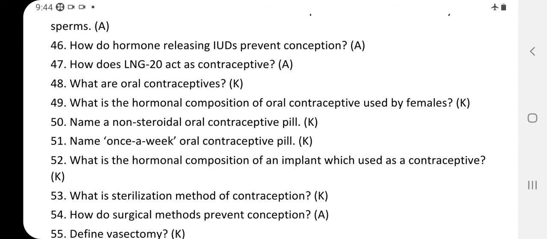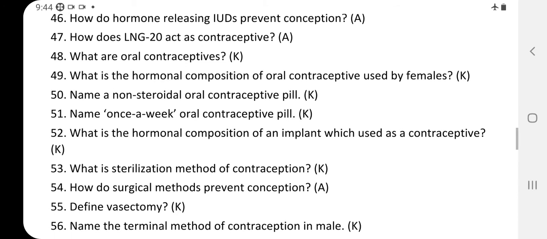49th question. What is the hormonal composition of oral contraceptive used by females? The oral contraceptives used by the females have the hormones progestogen and estrogen combination.